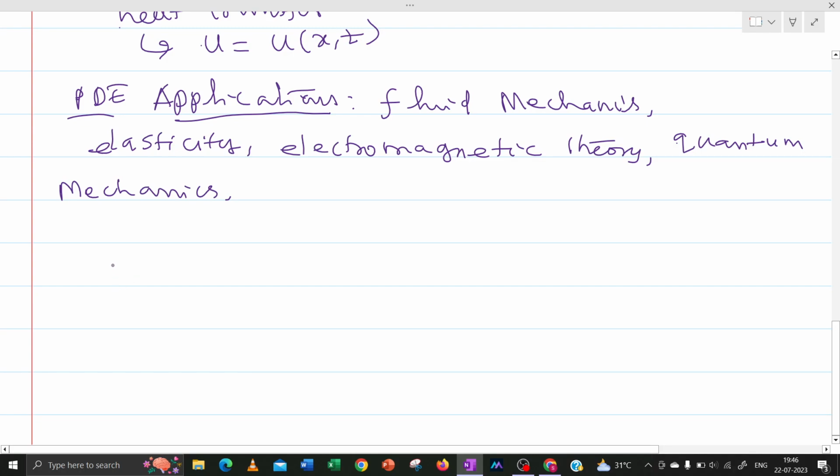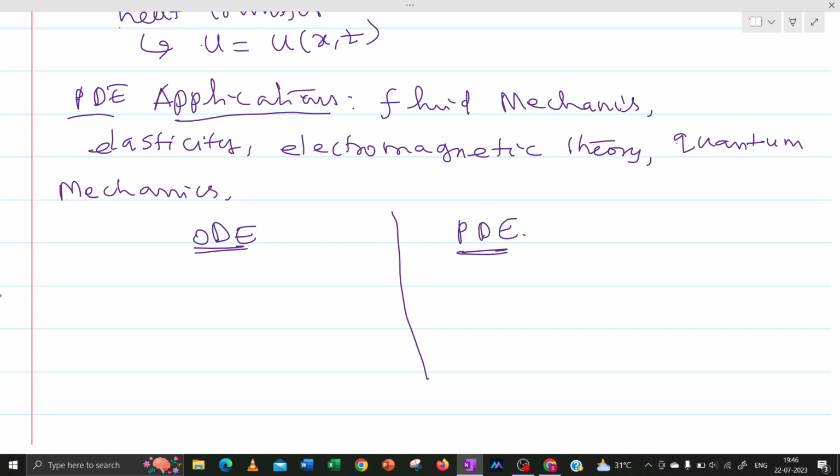Mainly, the difference between an ordinary differential equation and a partial differential equation is this. For any physical problem in one-dimensional motion, for example a car moving on the road or any particle moving in only one direction, we can use the ordinary differential equation concept for modeling real-time applications.